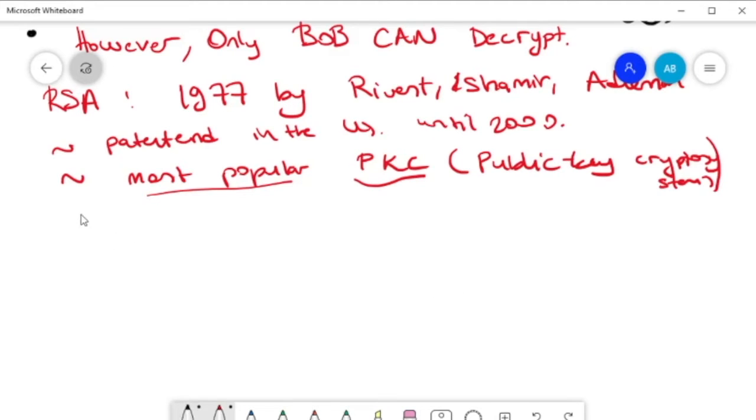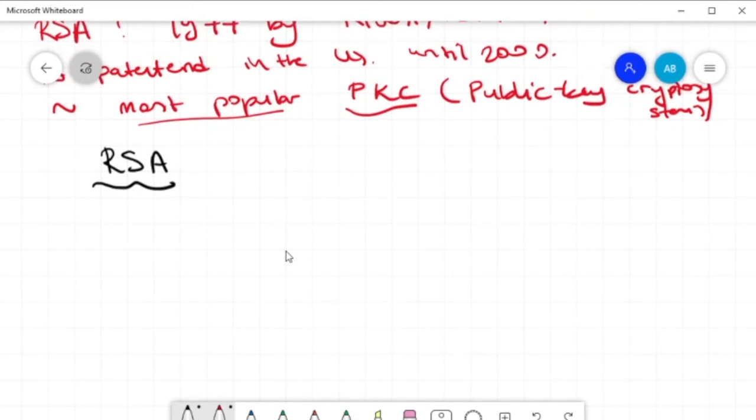So let's see what RSA is. I remember I said this before, that asymmetric crypto includes more math than symmetric crypto.